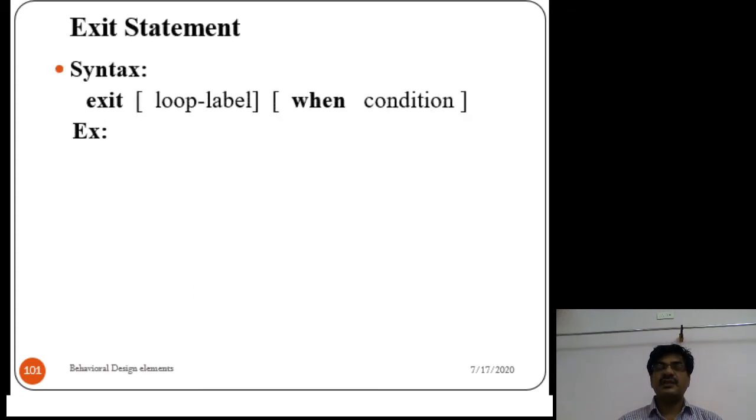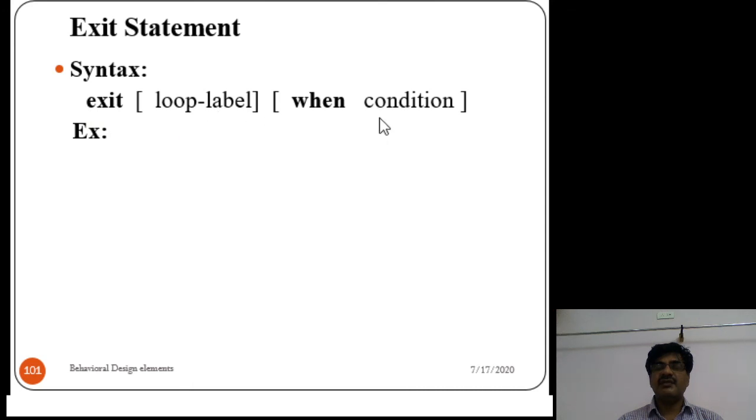The exit statement: the purpose of the exit statement is to jump from one loop to another loop. Its syntax is exit label name when condition. Simply exit also you can use.